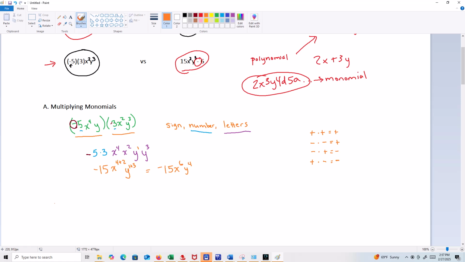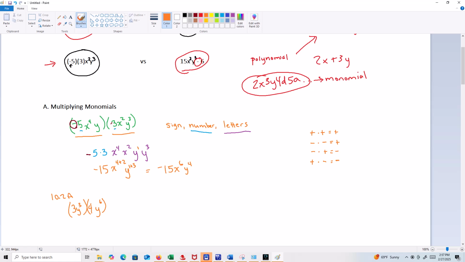So example 10.2a, we have 3y cubed times 4y to the 6th. Each one is a monomial.